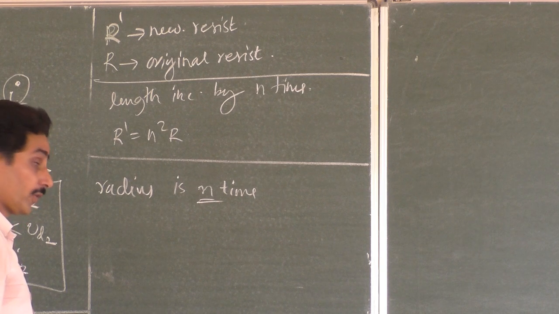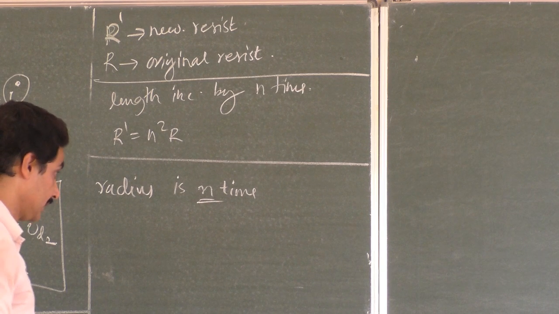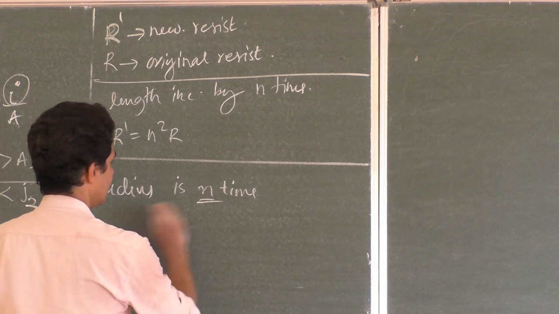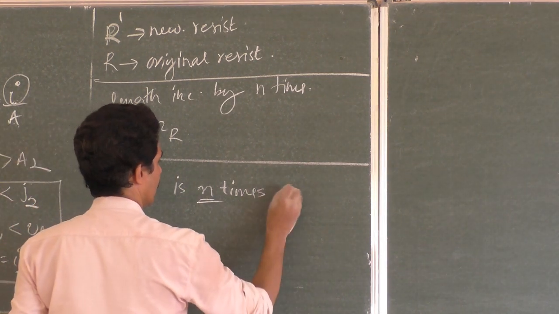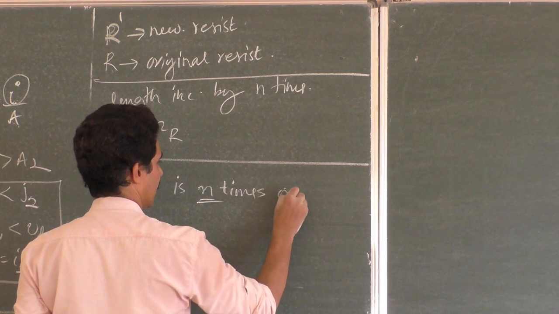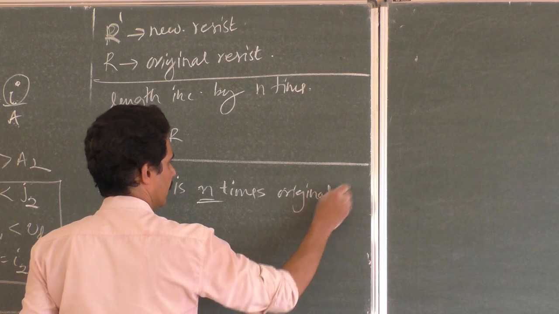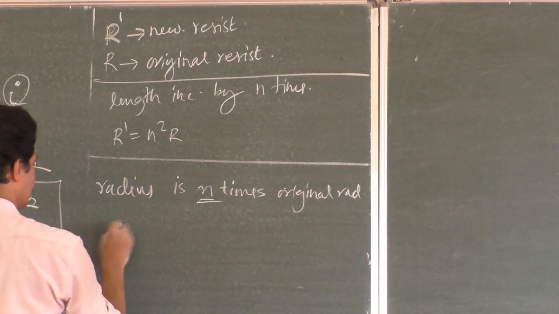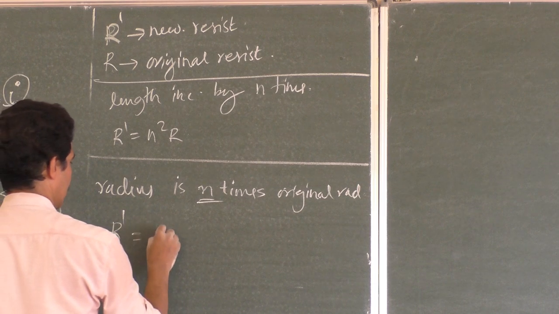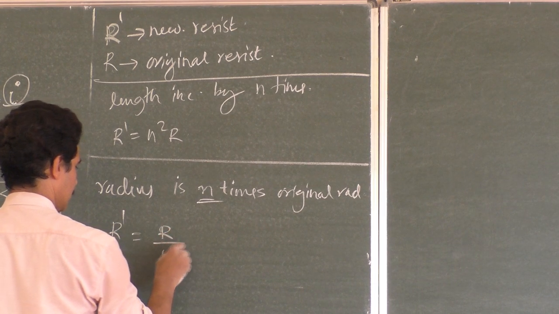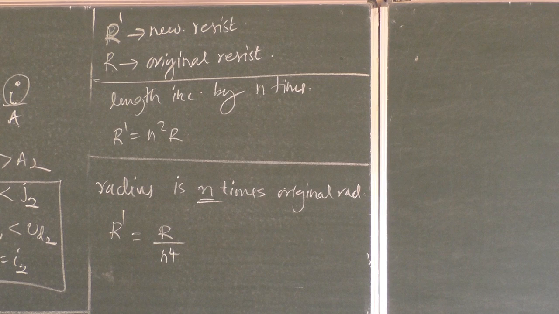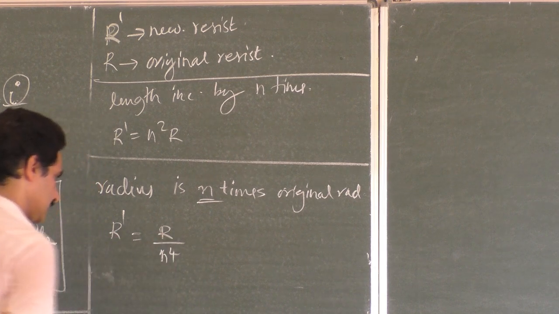If it is stretched, of course, the radius should decrease, so it is a ratio. Radius is n times the original radius, then the new resistance is old resistance by n to the power 4, because already it is pi r square. Then when it is stretched, it becomes n to the power 4. So yesterday we discussed this.